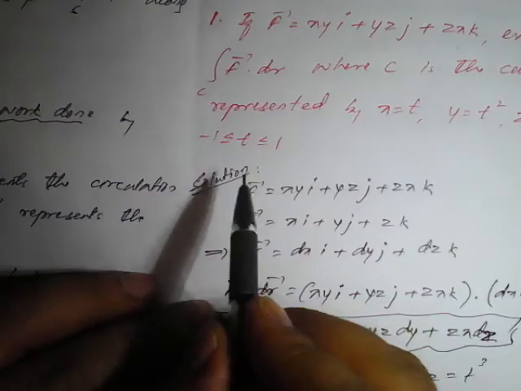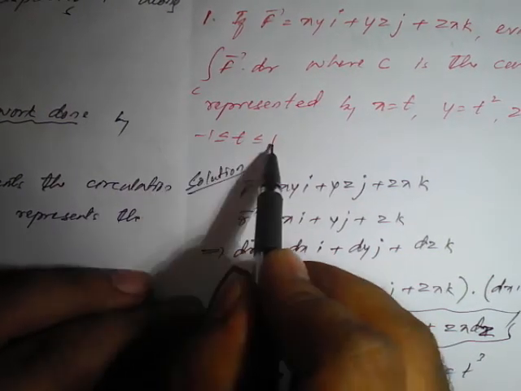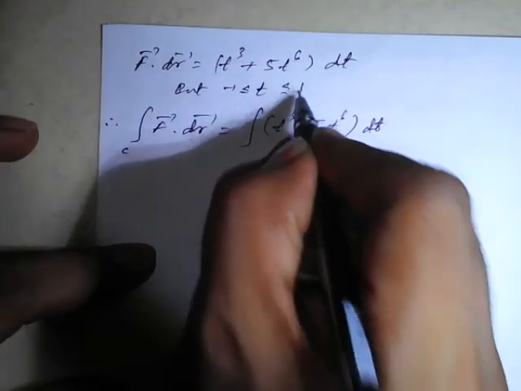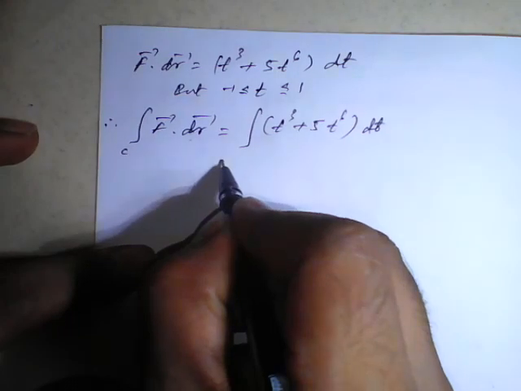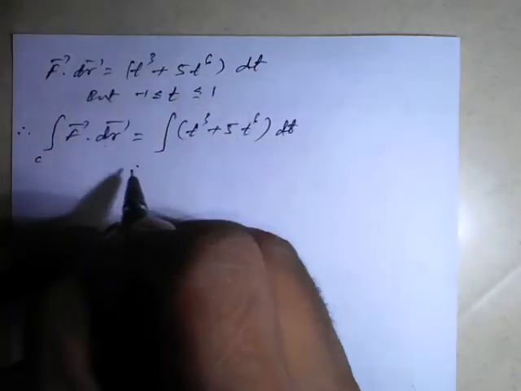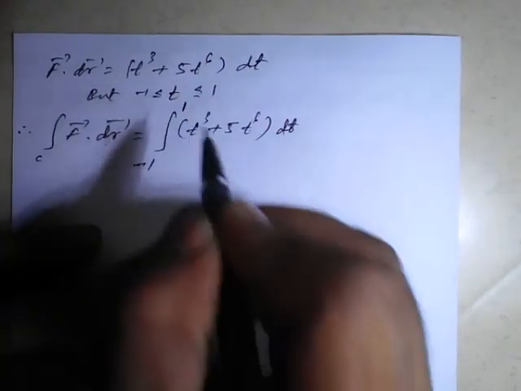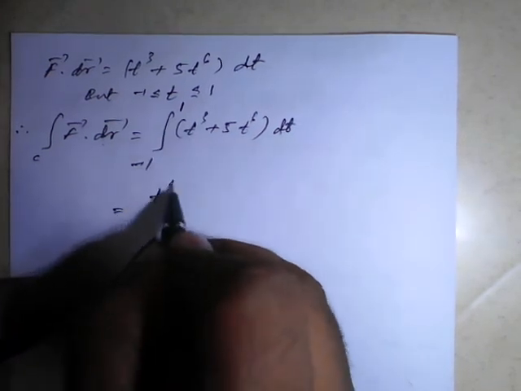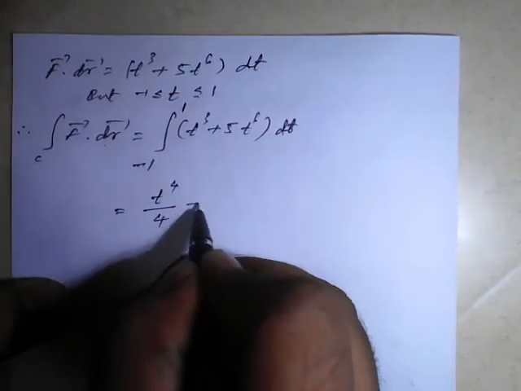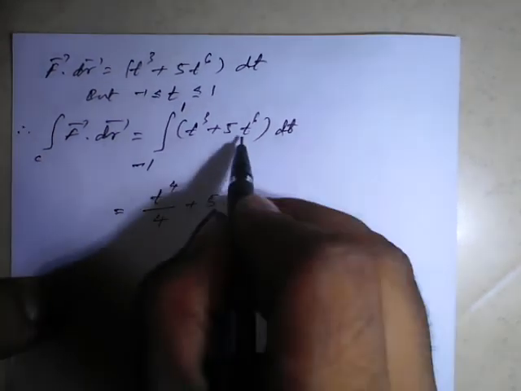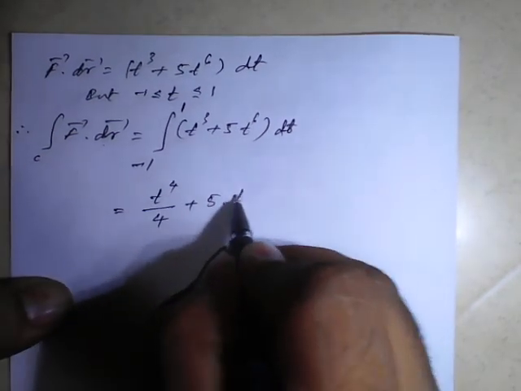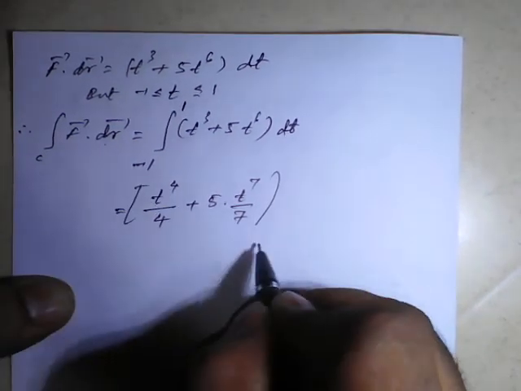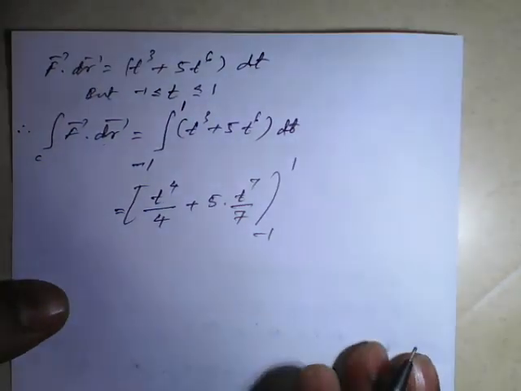In the question they have given t varies from -1 to +1. So here the limit is -1 to +1, so you mention it. So therefore on integration, t cube is t raised to 4 upon 4 plus 5 into integration of t raised to 6, which is t raised to 7 upon 7, limit from -1 to +1.